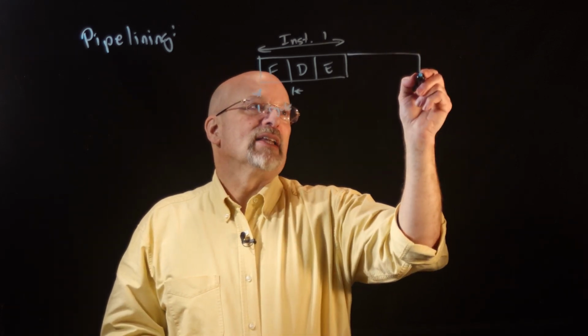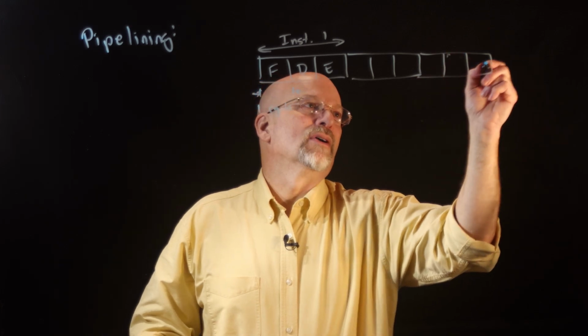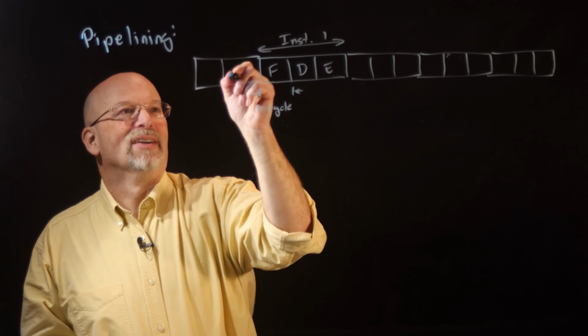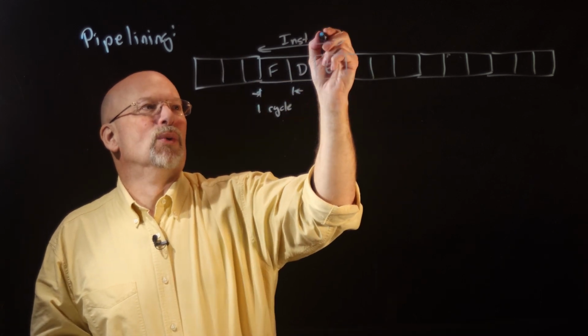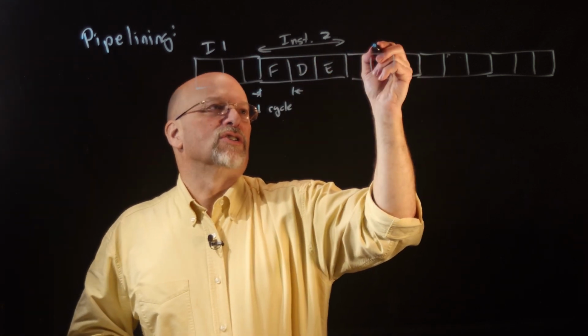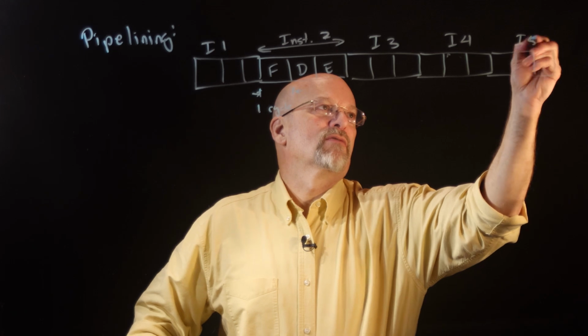So if I've got, let's just say I've got 5 instructions. I'm probably not going to make it going this way, so I'll just add another instruction here, call this instruction 2. So I've got instruction 1, instruction 2, instruction 3, instruction 4, instruction 5.